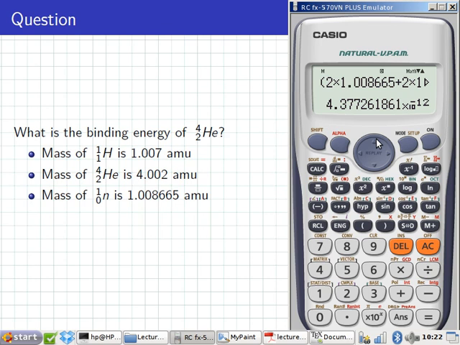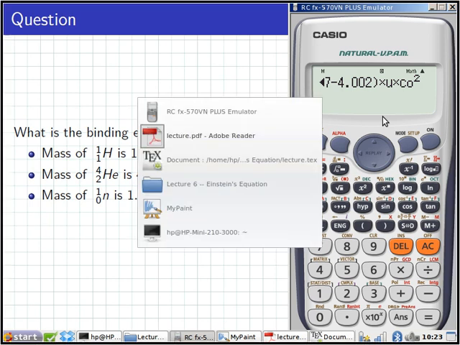It's like 2.997. Wait, can I do the calculation? Which one? The top one. 2 neutrons plus 2 protons minus the mass of the alpha is the defect times u. That's c. Okay, continue. Right.